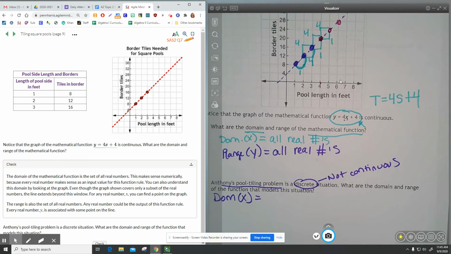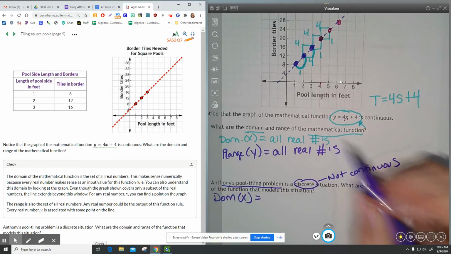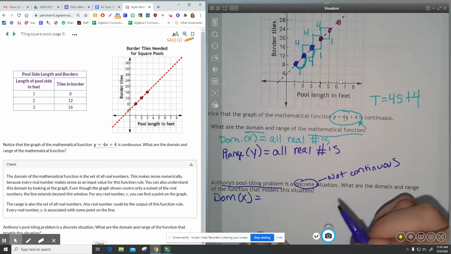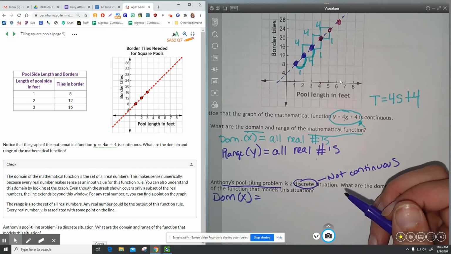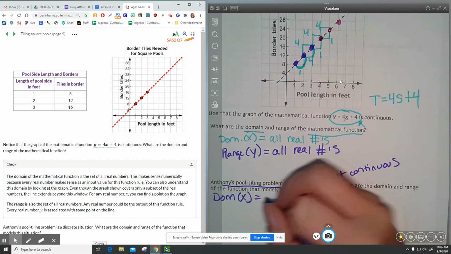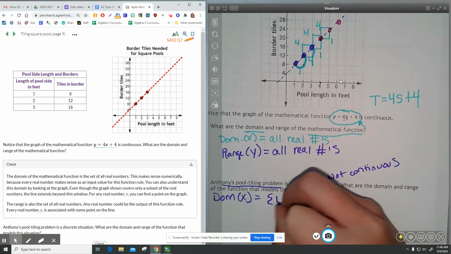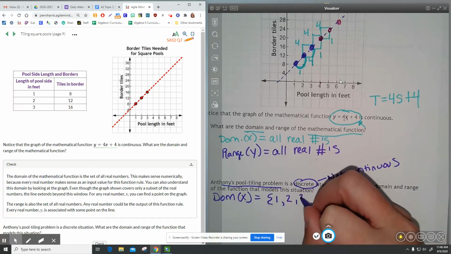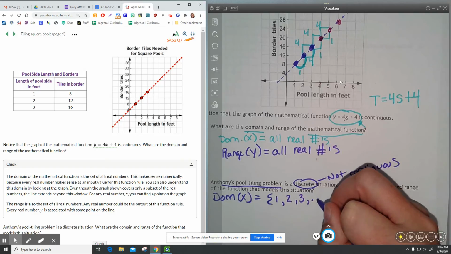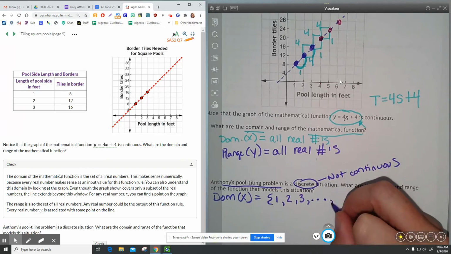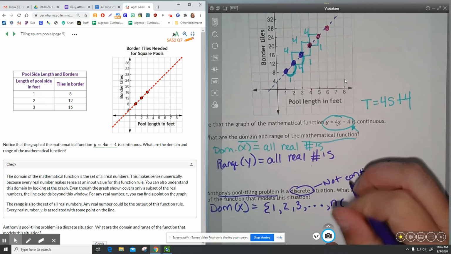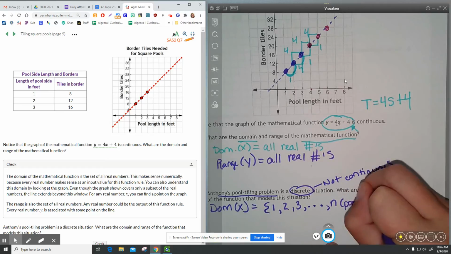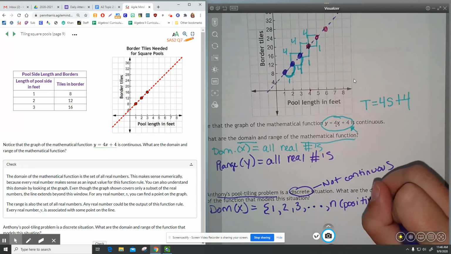So with that, we're going to say the domain is going to be 1, it can be 2, it can be 3, it can go on and on and on for the number n, which needs to be a positive integer, a positive number.